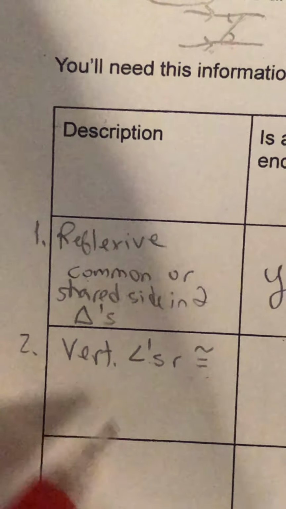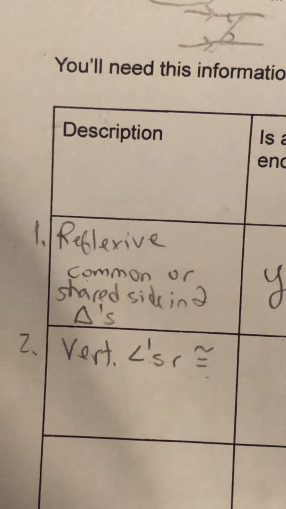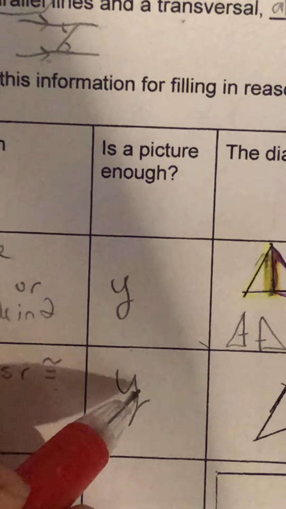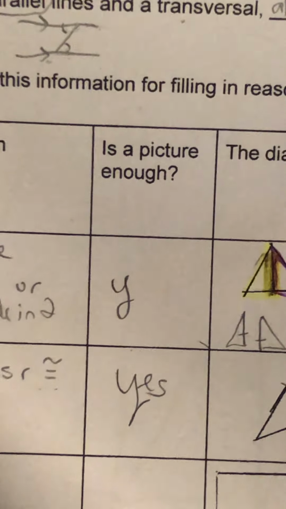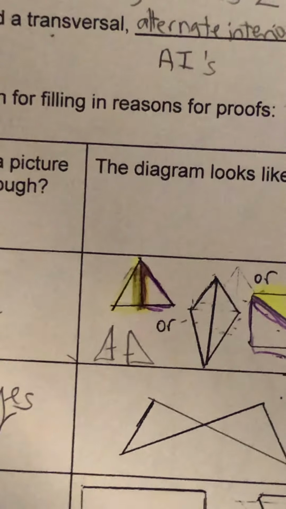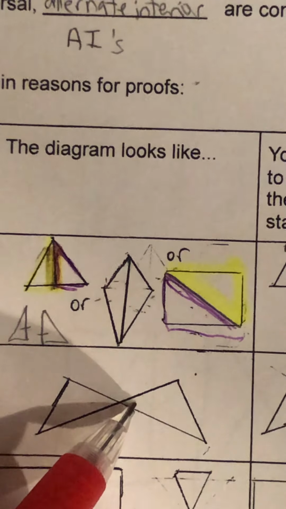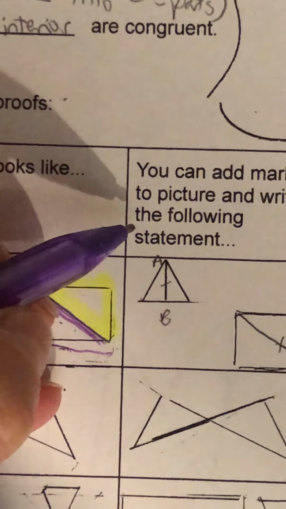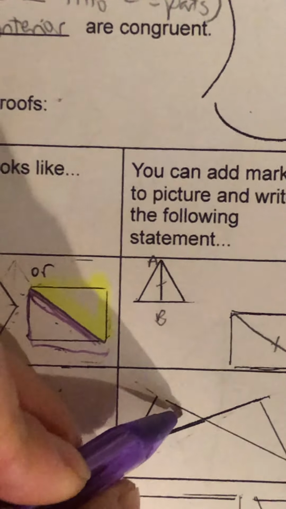And I don't really have anything to add there because we've talked about that a couple of times. And is a picture enough here? Yes, definitely. It's enough. So what do I mean? If you see a picture like this and you have a pair of vertical angles, then you can go ahead and mark in your picture. You can add marks to the picture and write the statement.